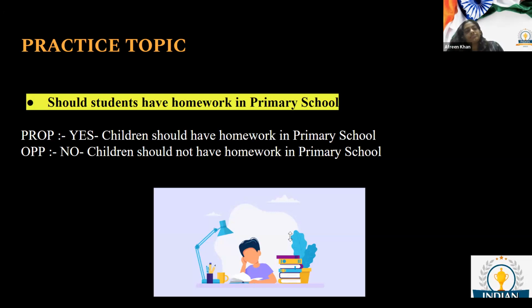Yes, Ira? Ma'am, does only the opposition have to write? Yeah, only opposition. Okay, Kanupriya says that they won't be able to do other activities, and the example that she gives is about Ria.